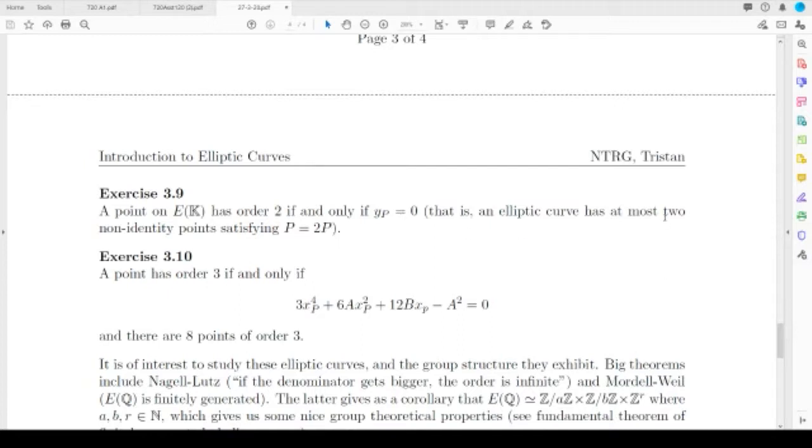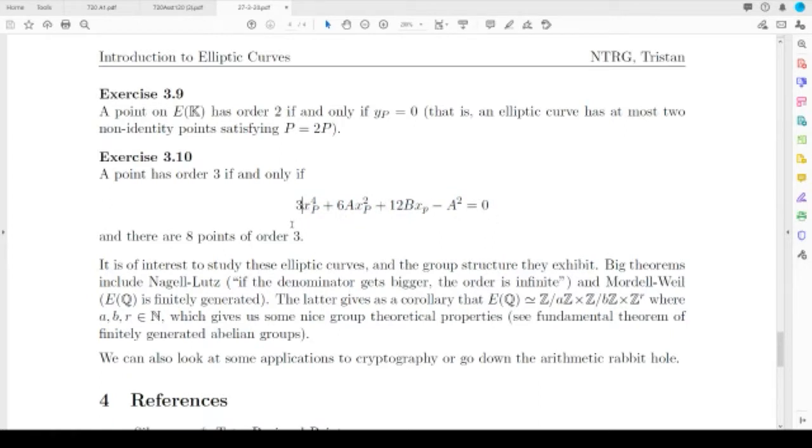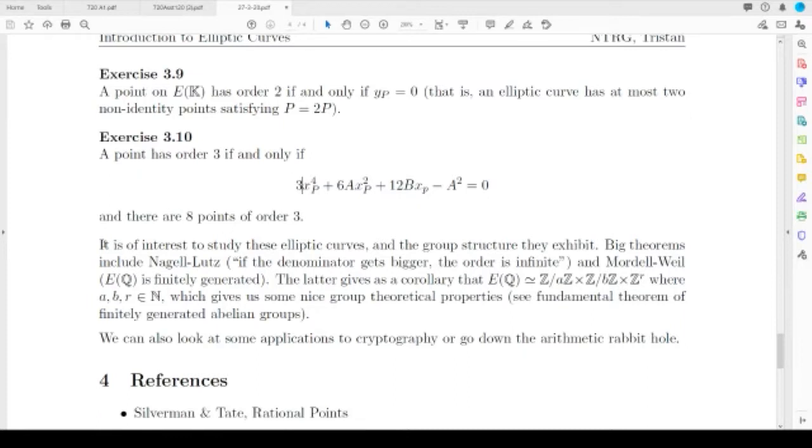And I claim that there are at most, I think that should be a 3, not a 2. And points of order 3 look like this here, so this is a condition for points of order 3. So I guess it's open discussion now.